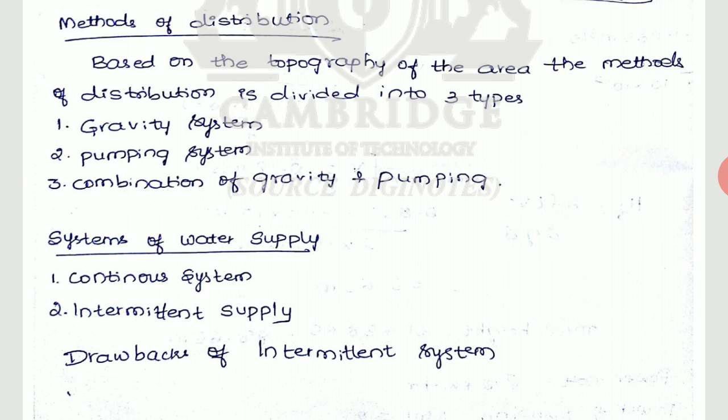And for fire demand, we cannot get the water continuously. We have to store the water for fire demands. And for domestic use, we have to store the water and then we can use it.